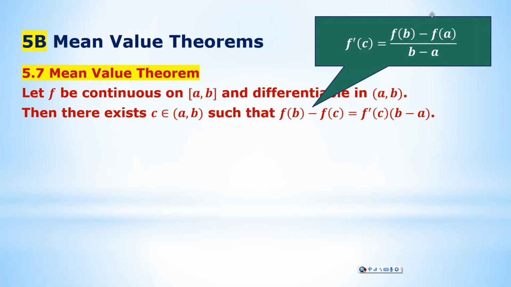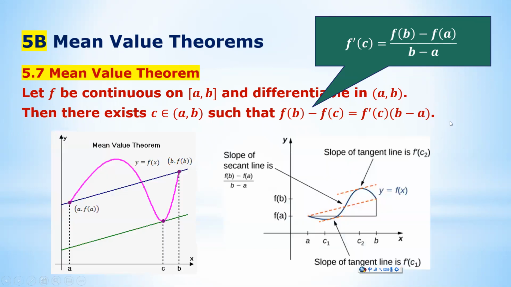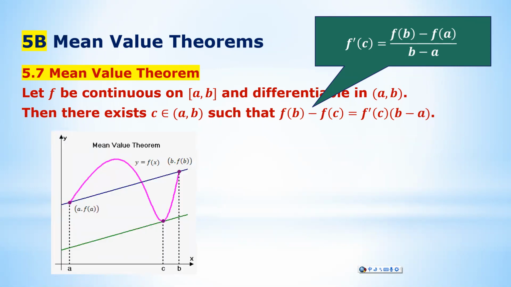So I can draw a picture here. Okay, look at the first picture here. That's a situation. You can see f(b) is not equal to f(a). And so this curve. Now if you connect the two endpoints on this curve, from the left endpoint to the right endpoint, and draw a line, we know it's called a secant line, connecting these two points.